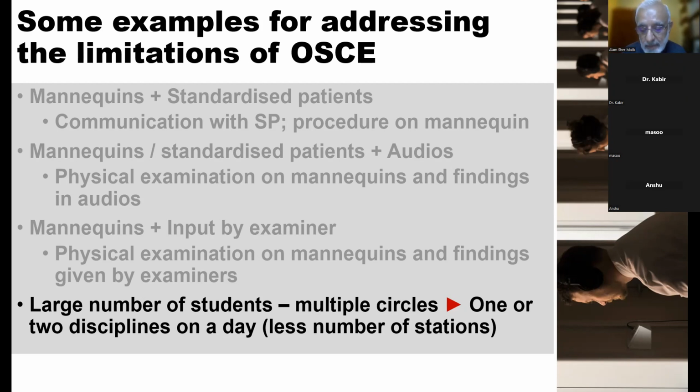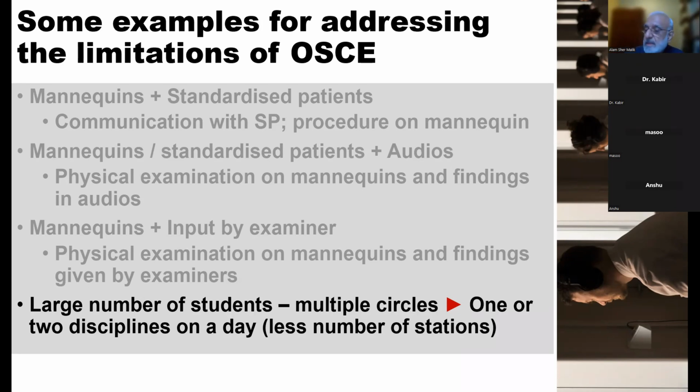In this way, we can reduce the number of stations on that particular day, limiting to 1 or 2 disciplines, and then conduct it over 2 or 3 days, rather than doing multiple circuits, because multiple circuits can compromise a number of different factors.